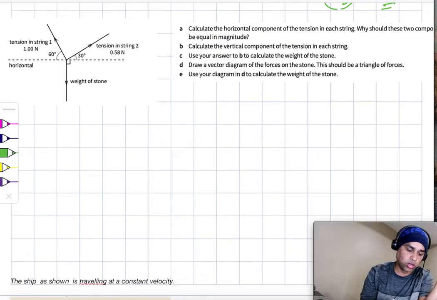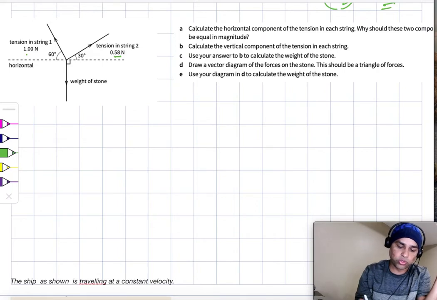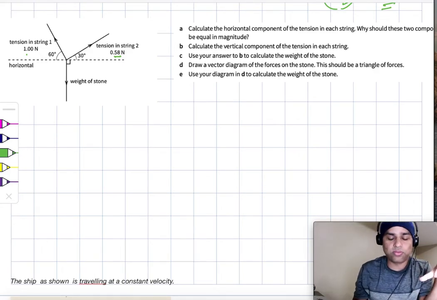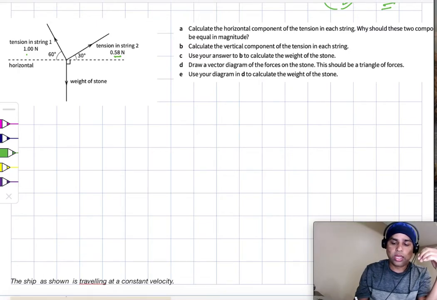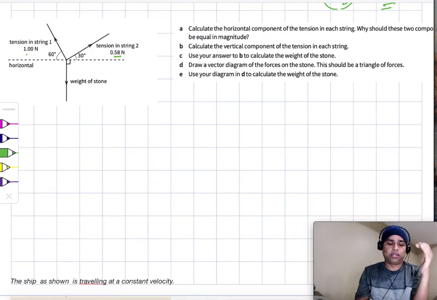The first string is 1 Newton and the second string is acting with 0.58 Newton. So what is the question here? Calculate the horizontal component of the tension in each string. The tension is a force. And why should these two forces be equal in magnitude?